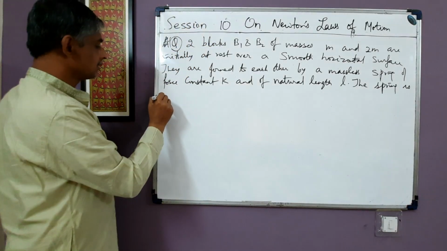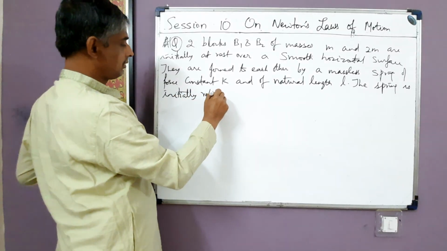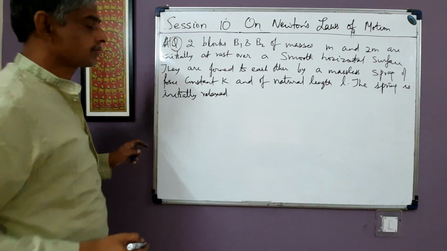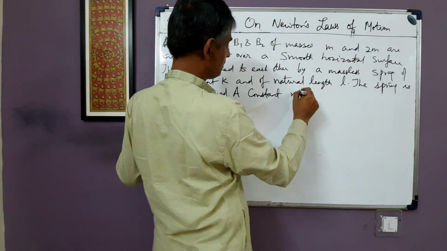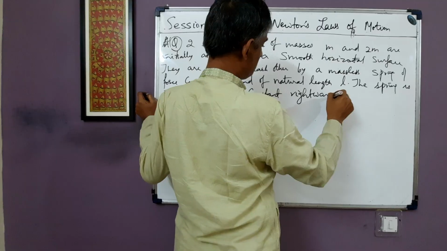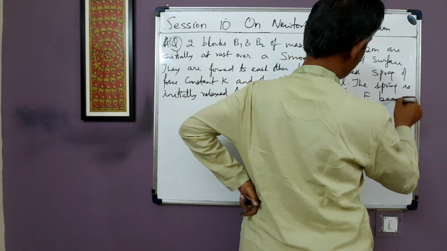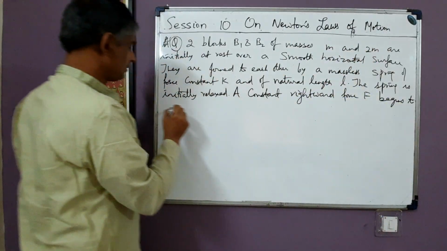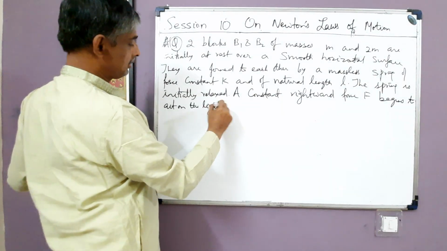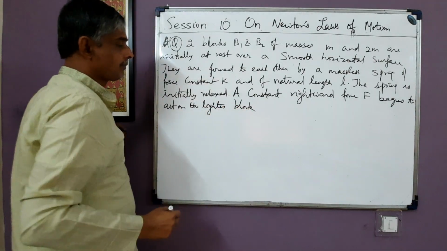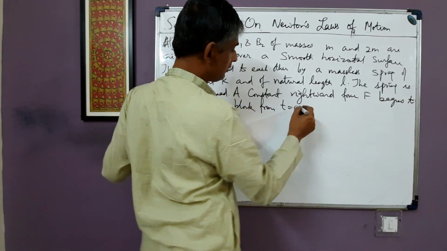The spring is initially relaxed. A constant rightward force F begins to act on the lighter block from t equal to 0.